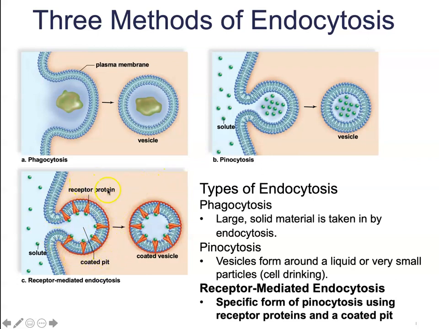This coat of proteins is going to be bound to receptor proteins that are going to only bind to and recognize very specific molecules. This is a very highly selective and very efficient method for targeting specific materials that you want brought into the cell. That's it for active transport.